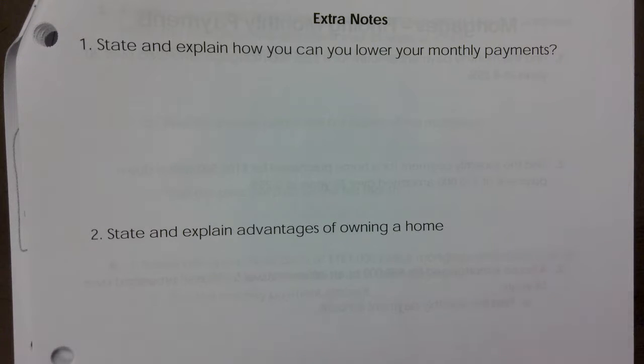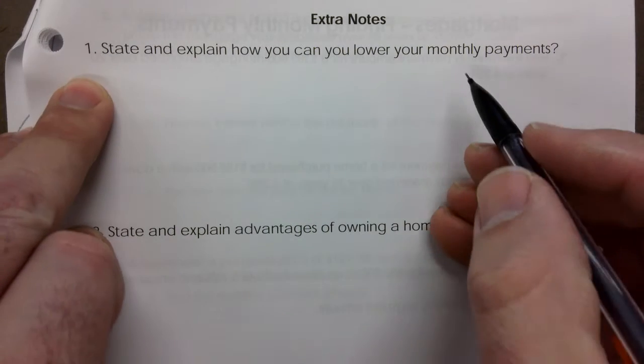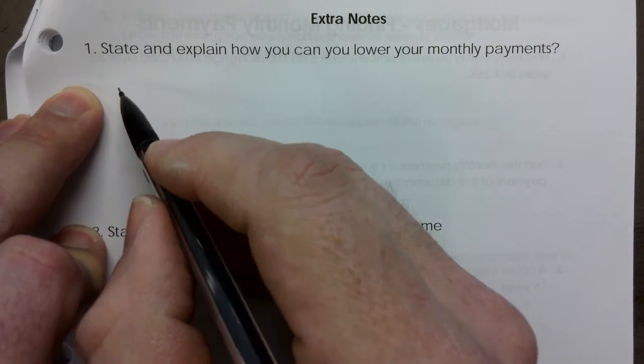So let's say you're about to buy a house, you're about to sign the papers, but before you finalize it, there are a few things you can do to make the payment lower. Once you're locked in, it is what it is, right? So we will look at the formula first and foremost.